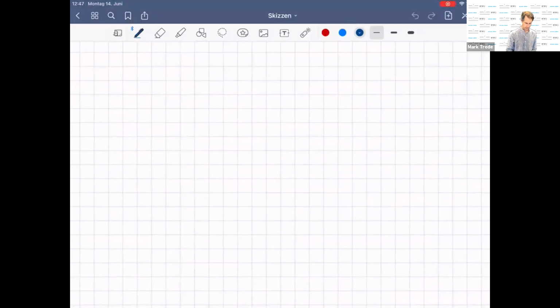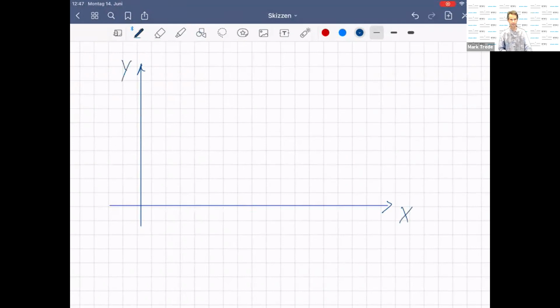All right, suppose that we have a regression of Y on X, Y against X. And we have a true regression line, which might look like this. And then we have our observations, which are scattered around this true regression line.